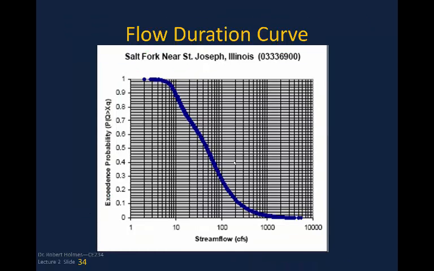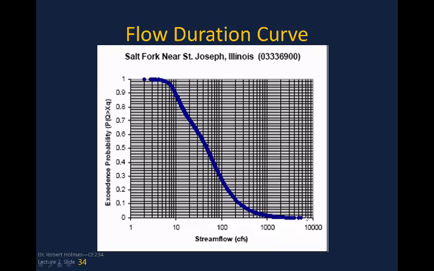This is a flow duration curve, and we'll talk a little bit more about this, but basically this is plotting stream flow at a particular location, looking at the probability of occurrence. If I've got 100% probability of occurrence, that means all the flows in that data set are greater than that particular flow. This is a log scale here, so this is 1 cubic feet per second, 10, 100, 1,000, 10,000, and you can see how the data plots.